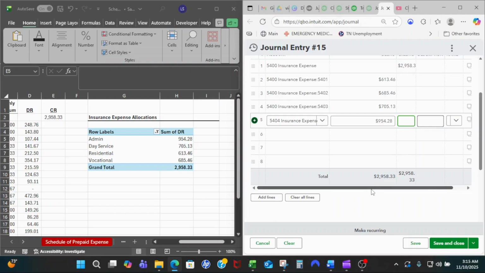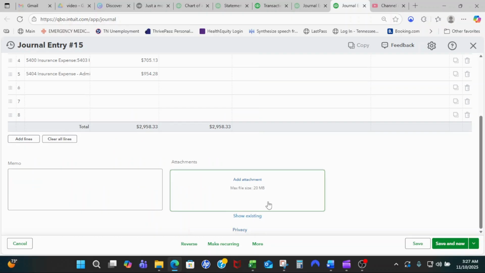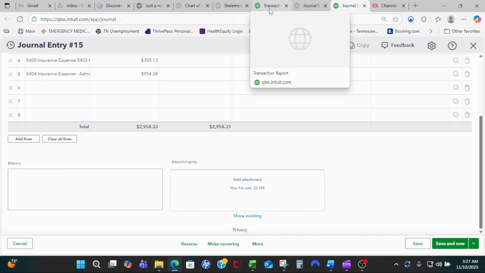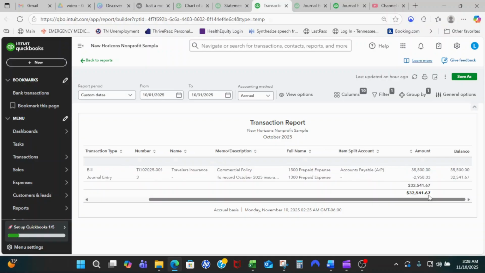journal entry should be. Again, we would attach this schedule to our journal entry since it has all of our calculations. And then we click save. And then when we go back to our original, we just make sure that we've got 32,541.67.